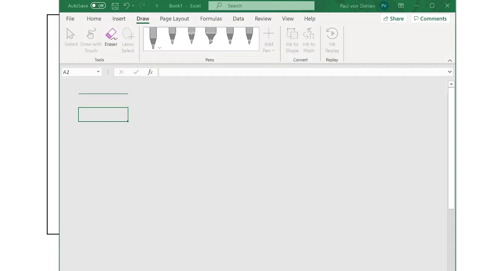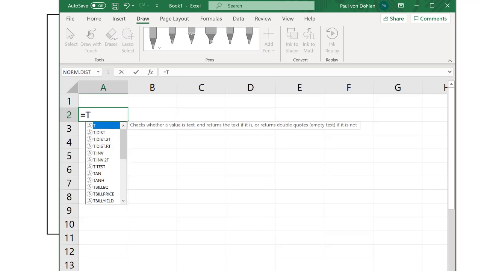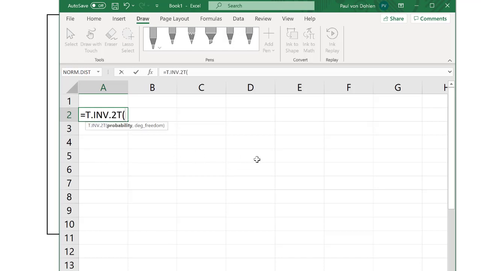So let me bring up Excel here, and all I would do is type equals, and if I start with T, I can see that I have a lot of options, and I want the T inverse two-tail version. I want the probability, if we're going to redo the one we did, 0.05, so that's 5% left in the tails, and then 14 as the degrees of freedom, and there we go.